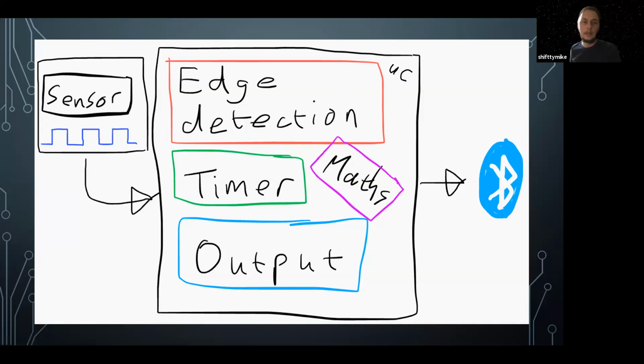Obviously, knowing the circumference of the wheel and the circumference of the trainer, we can work out, based on the time elapsed, how quickly the thing is moving. So that's the maths part. The output is at this point still unknown, but somehow we're going to communicate with this Bluetooth device and then be able to use this thing with my iPhone.